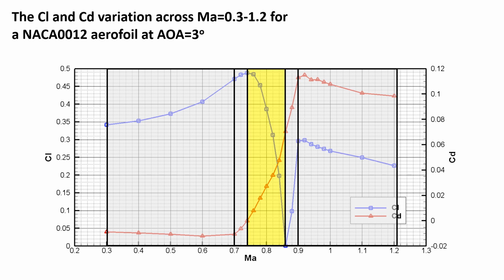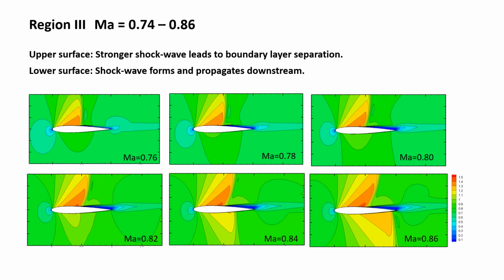So let's see again. This is a Mach number contour again, and I have 6 plots at different Mach numbers. In the first row, the Mach number increases from 0.76 to Mach 0.8, and the second row is from Mach 0.82 to Mach 0.86.